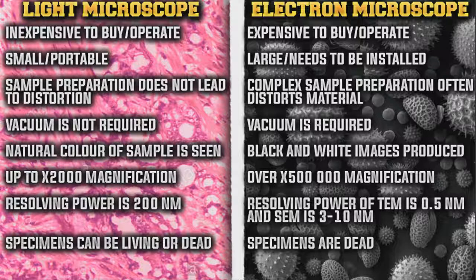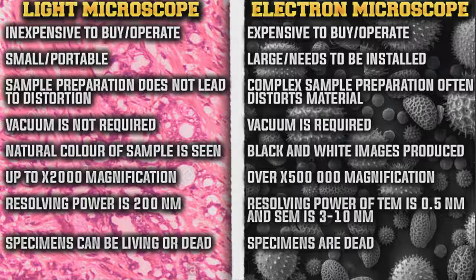Moving on to the electron microscope, they are very expensive to buy and operate. They are large and need to be installed, so they take up a lot of space. There's a very complex way to prepare the specimens, which often leads to distortion and artifacts being created, which isn't good because it reduces the accuracy of what you're looking at. You could completely change it by messing around with it. A vacuum is needed for electron microscopes.